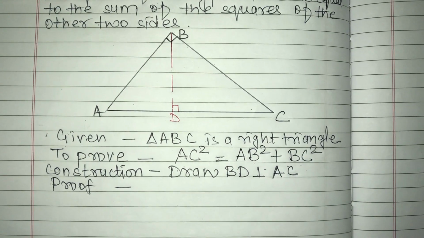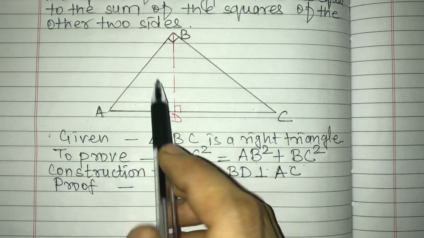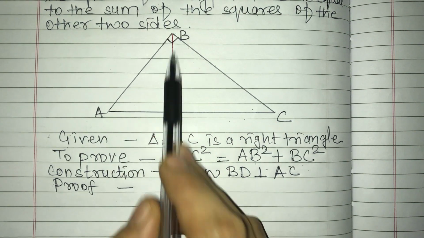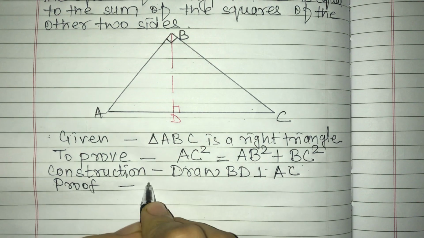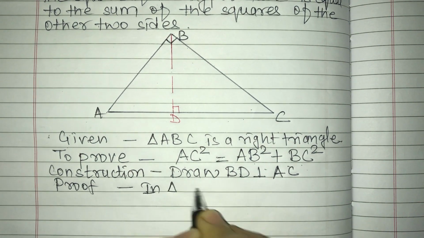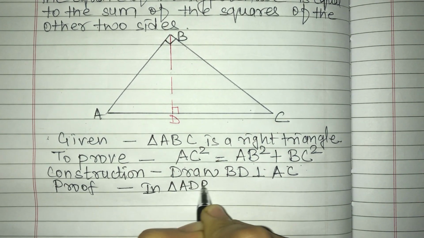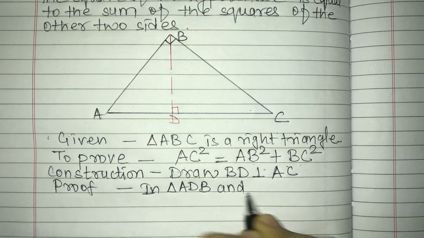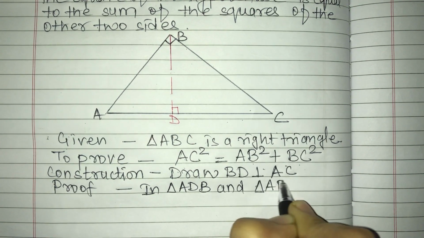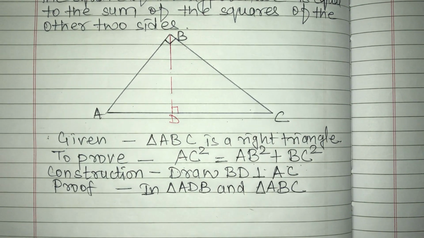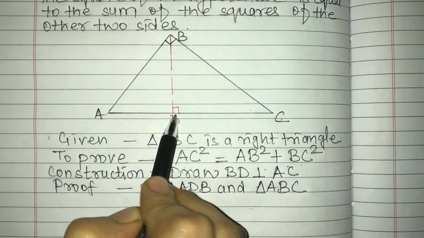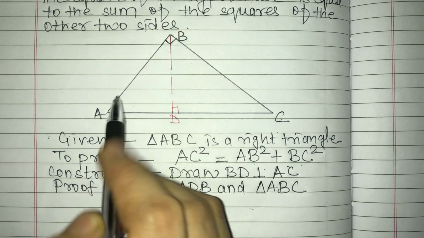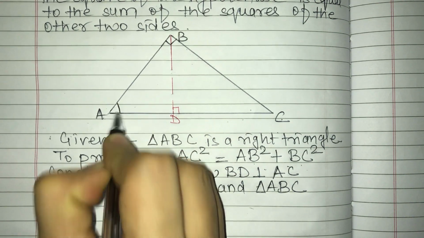Now I am going to take this smaller triangle ADB and this bigger triangle ABC. In triangle ADB and triangle ABC, in these two triangles we have angle A common.